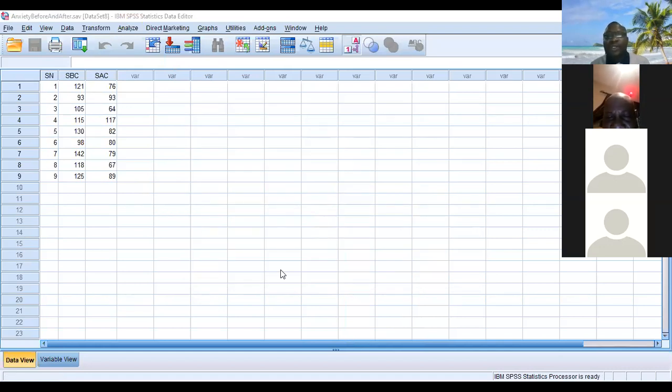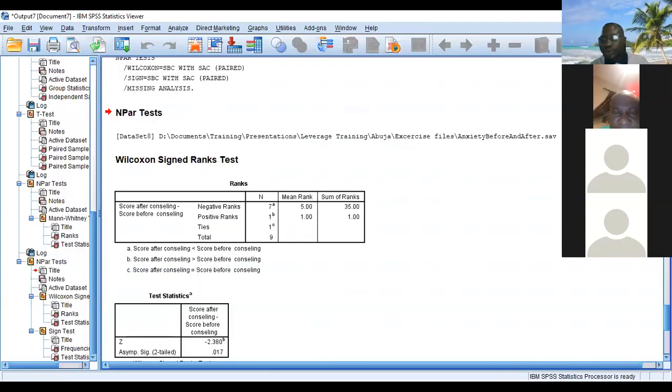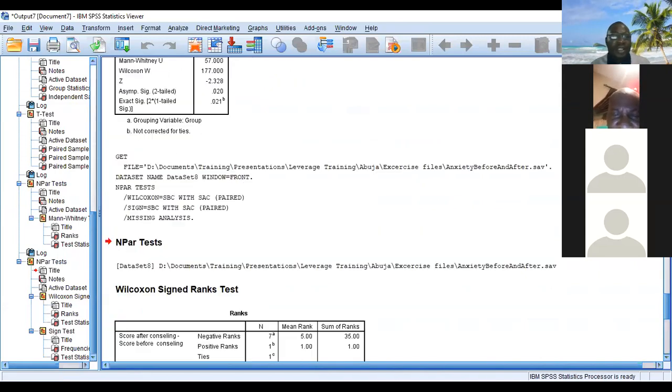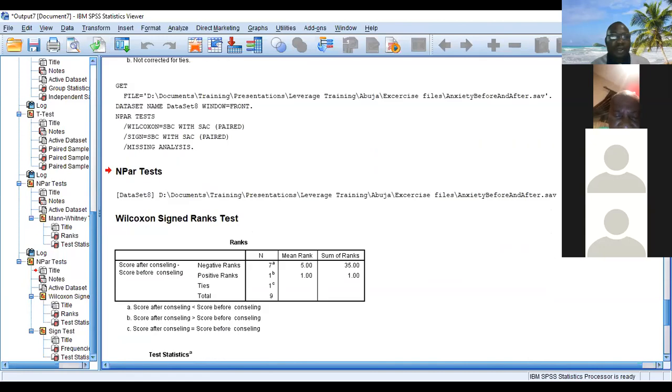Let me share the results. Can you see the output? Yes, it's come up.